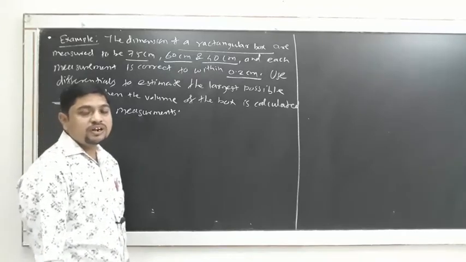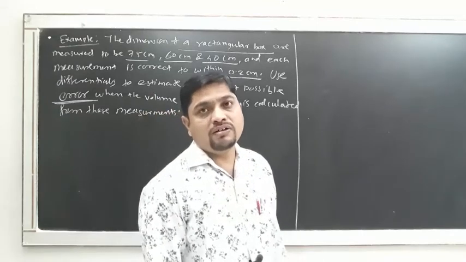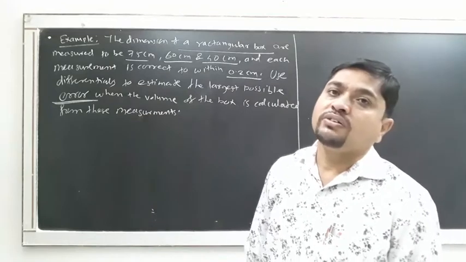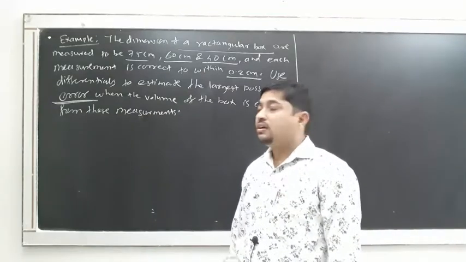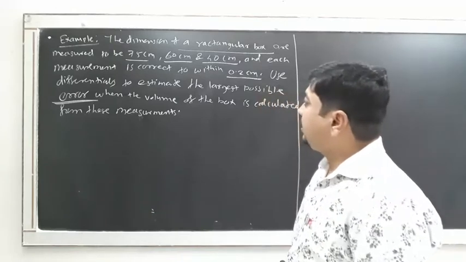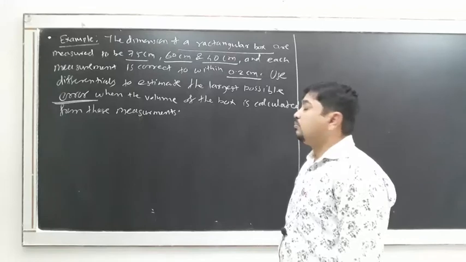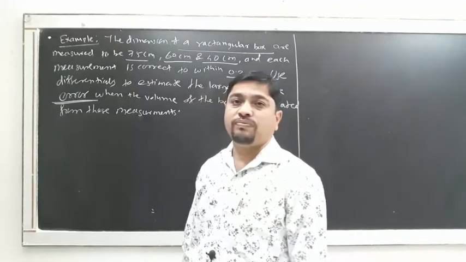That is, we have a box with given dimensions, and in the measurement of the dimensions there will be a maximum error of 0.2, and then we have to find the error in the measurement of the volume of the box.